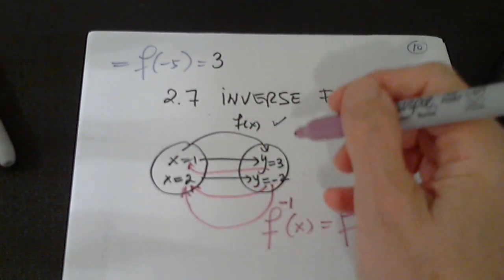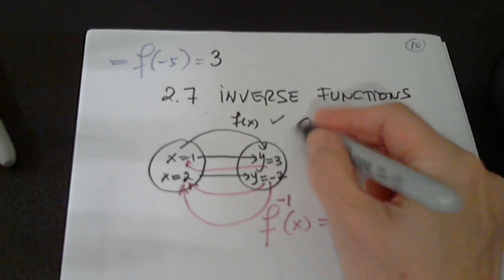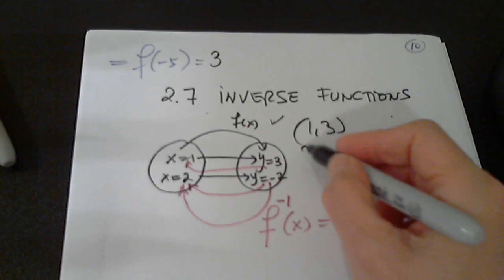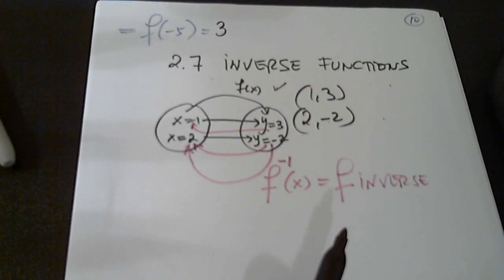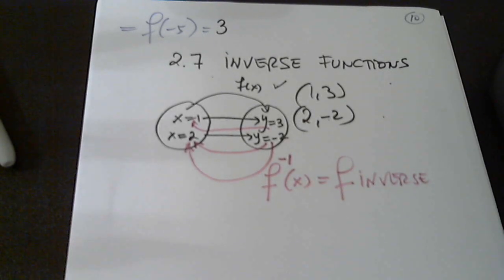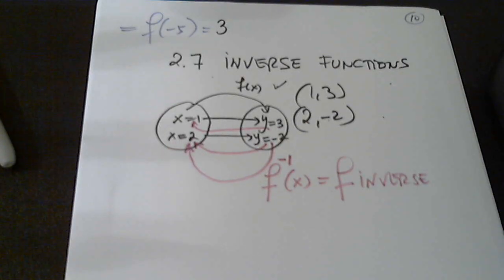So 1, 3 is a point of the function. 2, -2 is another point of the function. But can anyone give us the points for the inverse function? So 1, 3, 2, -2. What will be the points for the inverse function in this case?